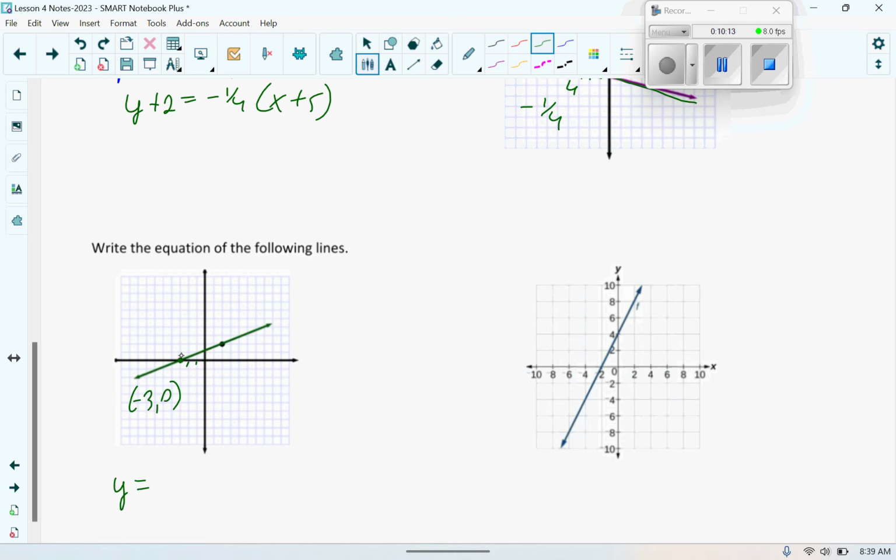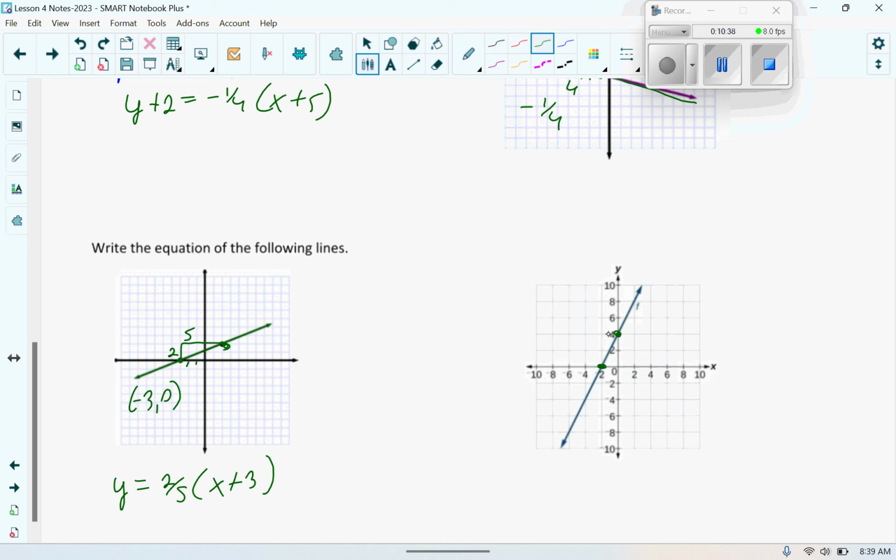And then let's see, I'm going to go up 2 and over 1, 2, 3, 4, 5. And it's a positive slope. So I'm going to say y equals 2/5 x plus 3. That one. And again, you could use this point too. It doesn't matter.